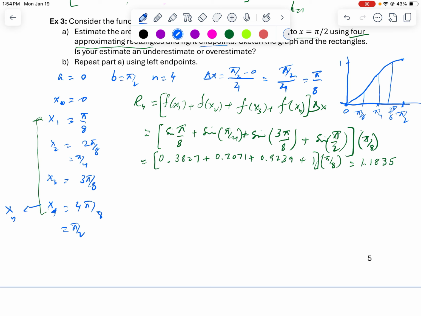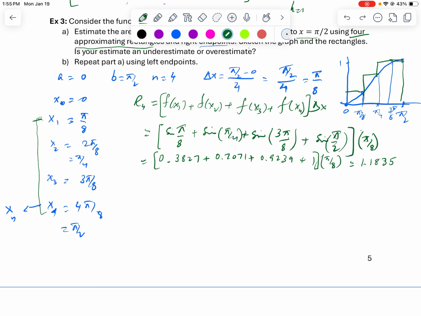Since we use the right endpoints, our rectangles are going to look like that. Okay. So what do you see here?